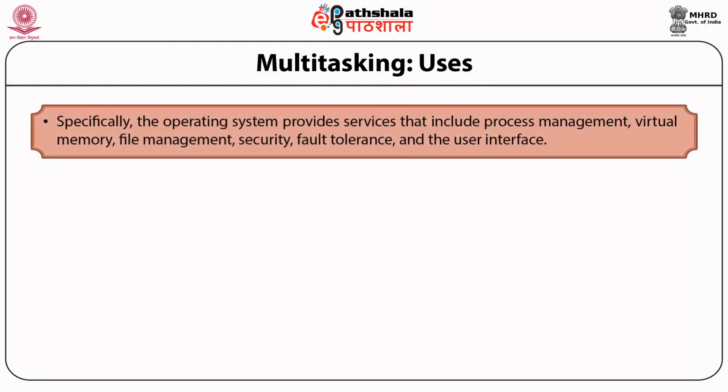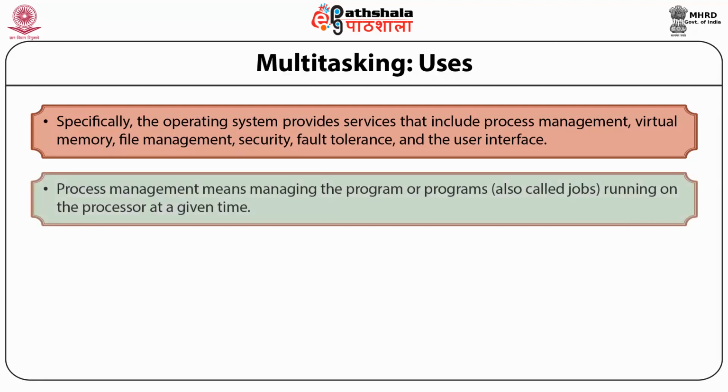Especially, the operating system provides services that include process management, virtual memory, file management, security, fault tolerance, and user interface. Process management means management of programs, which are also called jobs, running on the processors at a given time.